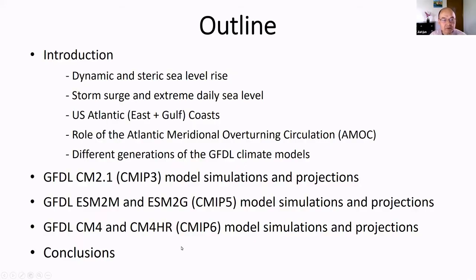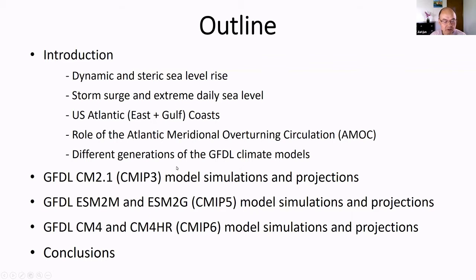Okay, I will begin with some background information. In this talk, I will focus on dynamic and steric sea level rise simulated by different generations of the GFDL climate models.